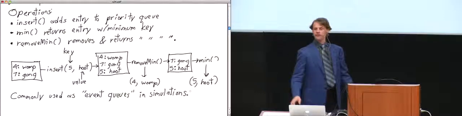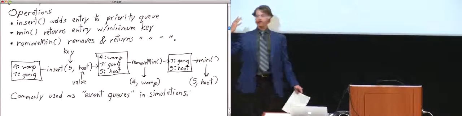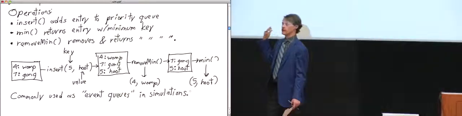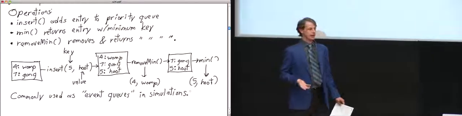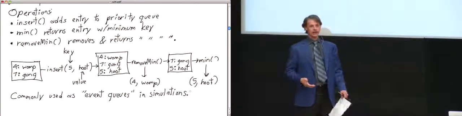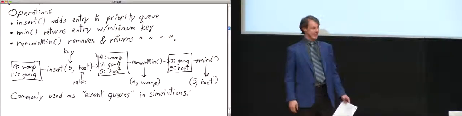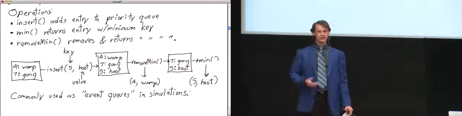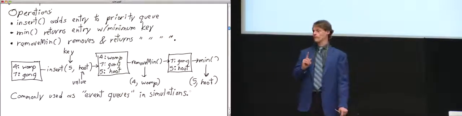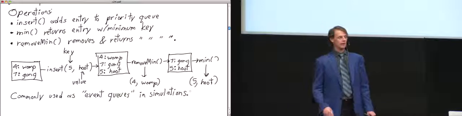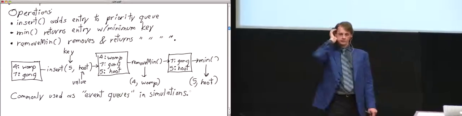All right, so what I've given you so far is an abstract data type. It's just like a dictionary is an abstract data type. Now I want to talk about a particular implementation of that abstract data type, just like a hash table is one of many ways to implement a dictionary. Question in the back?